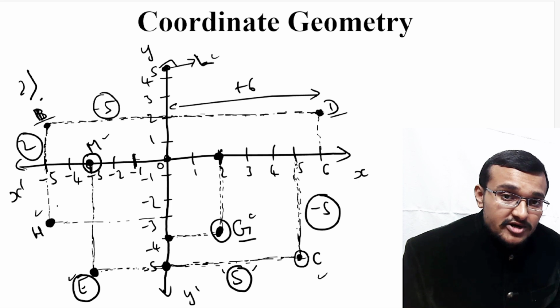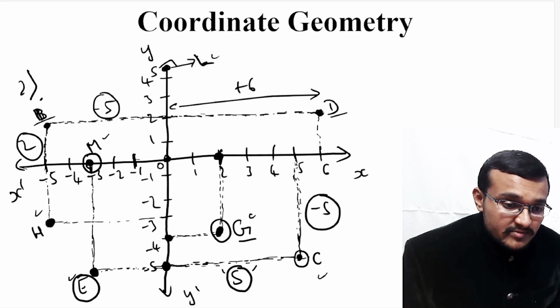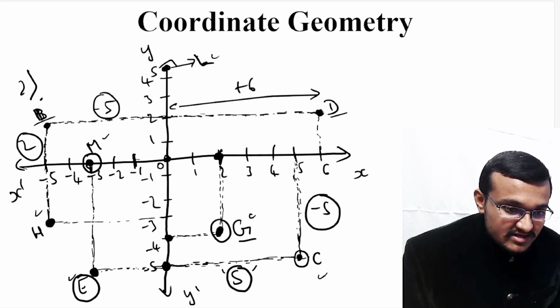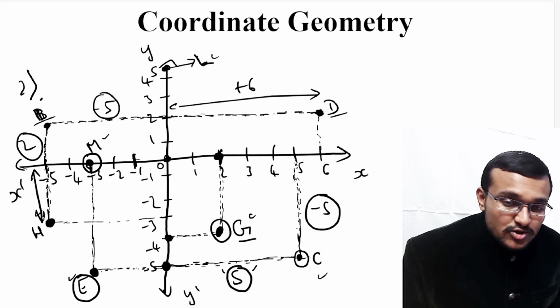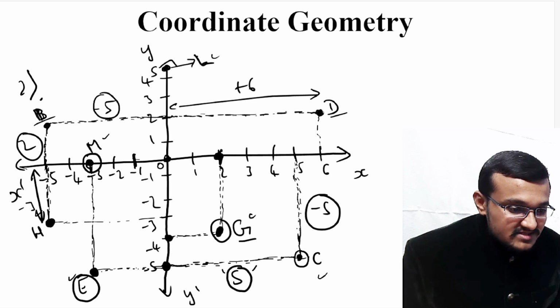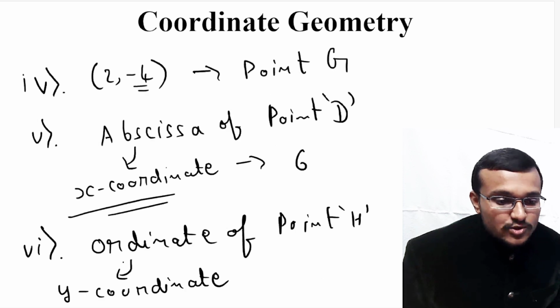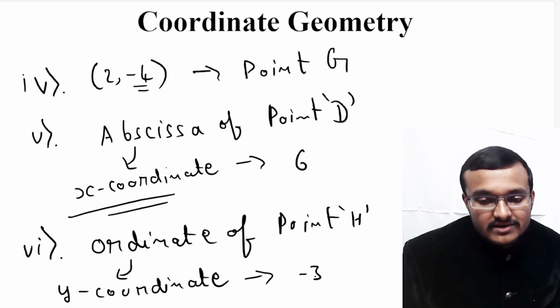The ordinate, which is the y coordinate, should be perpendicular to the x-axis, so that is nothing but this particular line. What is the length of this y coordinate? It is minus 3. So minus 3 is the y coordinate of point H.